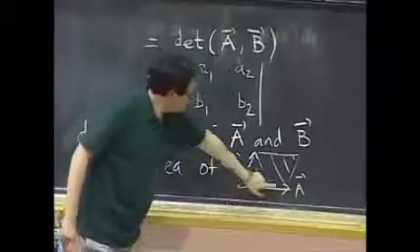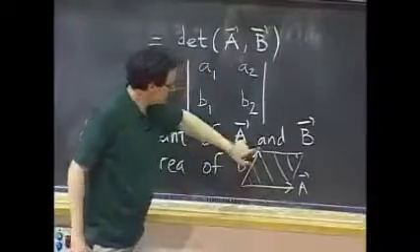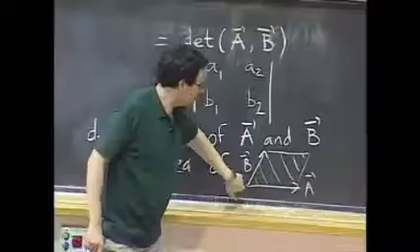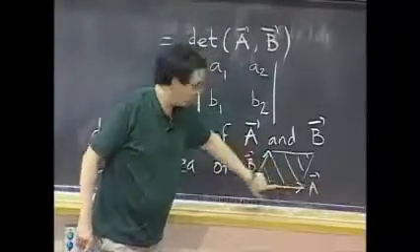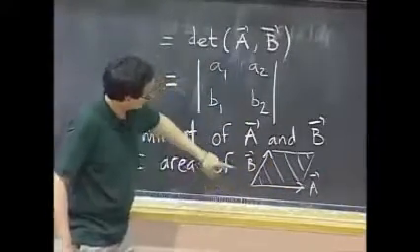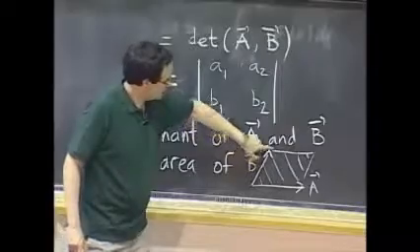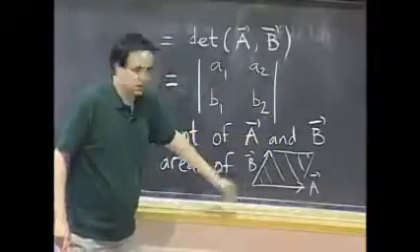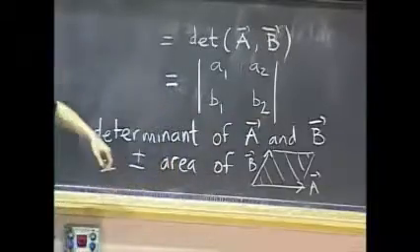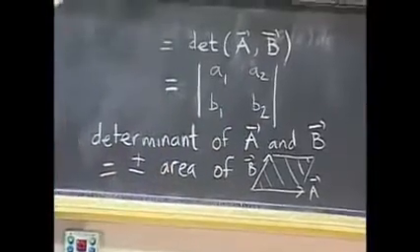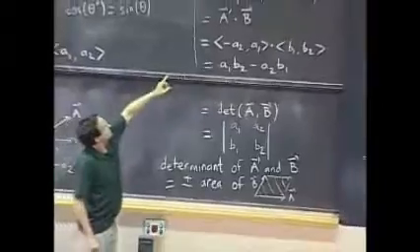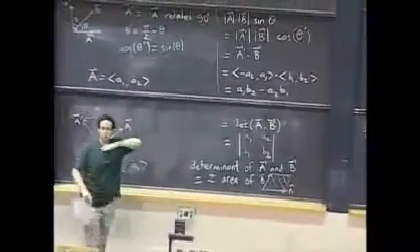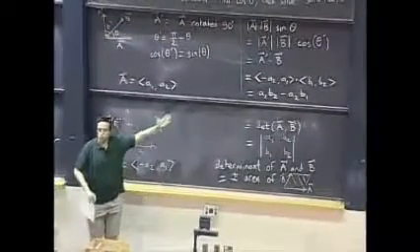So the base, let's take this guy to be the base. So the length of the base will be length of A. Then the height will be obtained by taking B, but only looking at the vertical part. So that will be length of B times the sine of theta. Okay, so that's how I got that the area of a parallelogram is length A, length B, sine theta. And then I did this manipulation and this trick of rotating to find a nice formula.